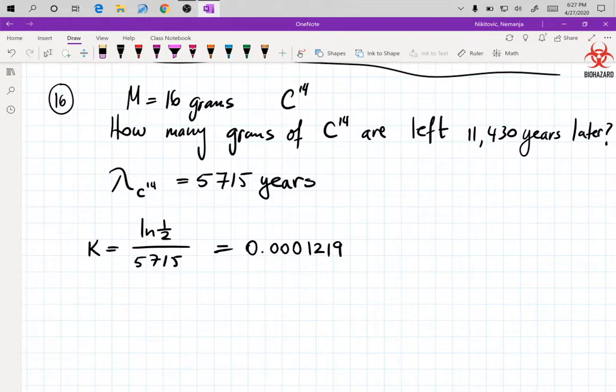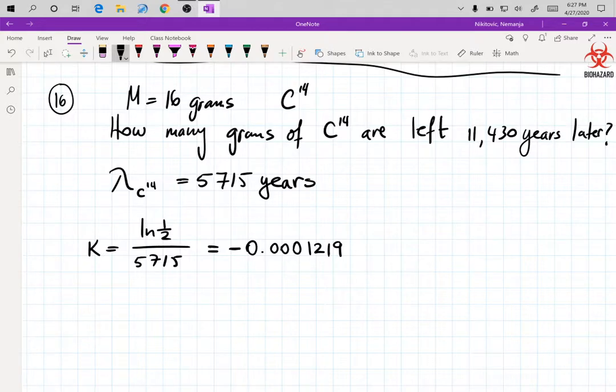All right, so now we have our k, and this is going to be negative. I forgot about that. Sorry, forgot that negative sign. There we go. It's a decay.